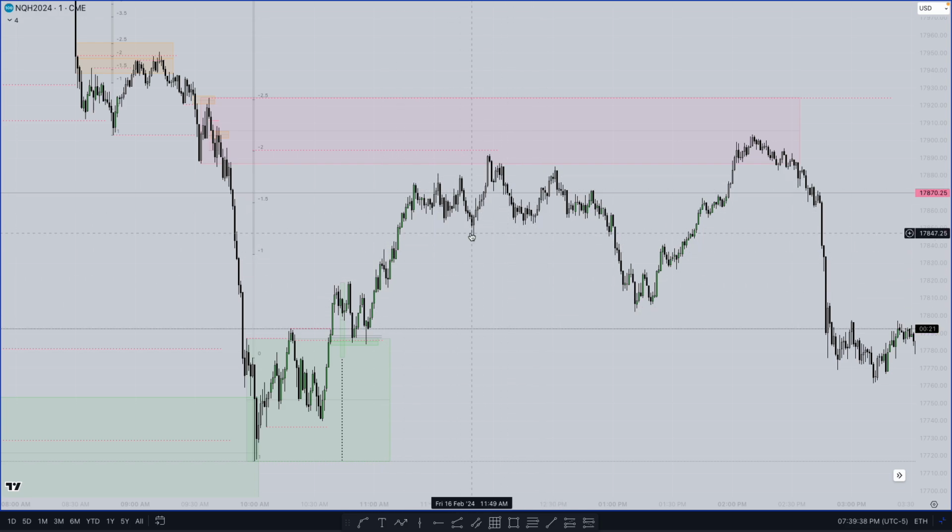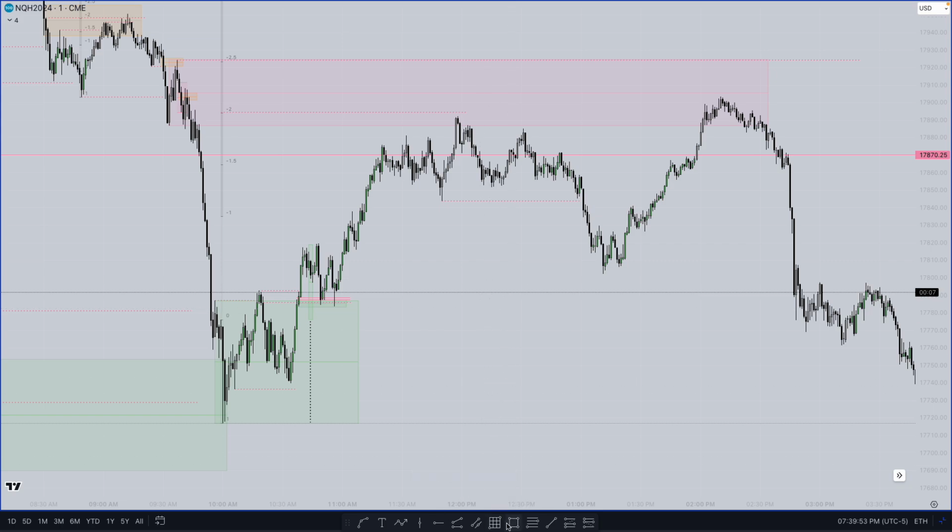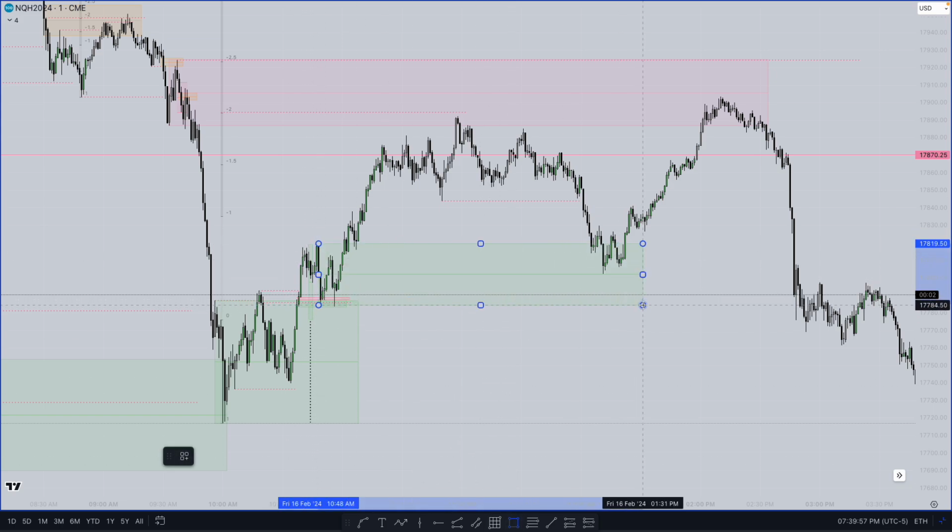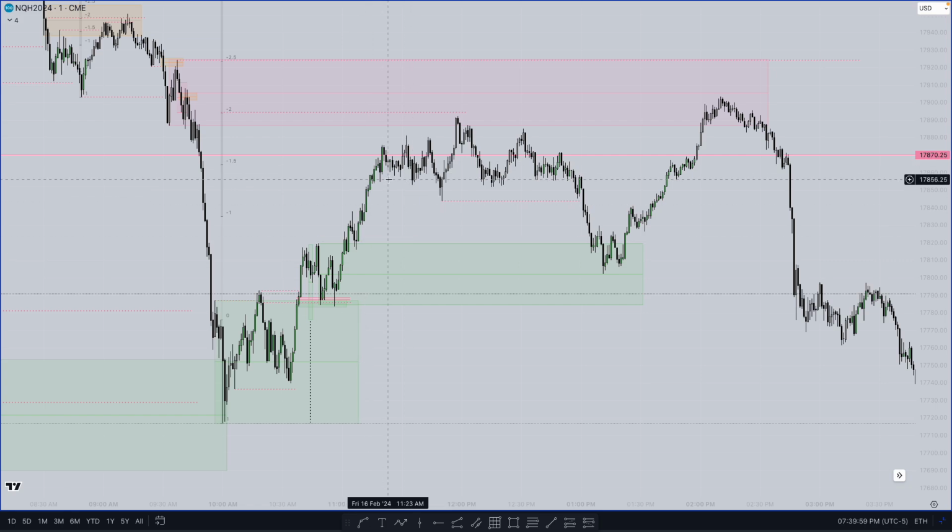You see that this is your protected low because you just swept these highs. It sweeps internal liquidity, dips back into your last downswing. So this was your full-on structural shift.